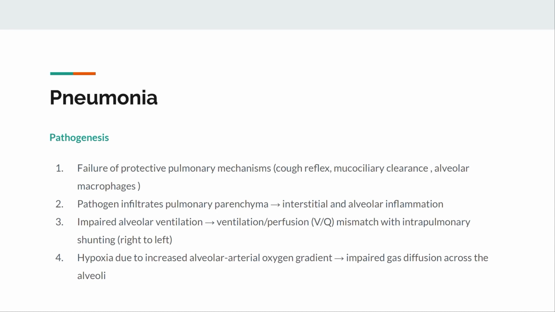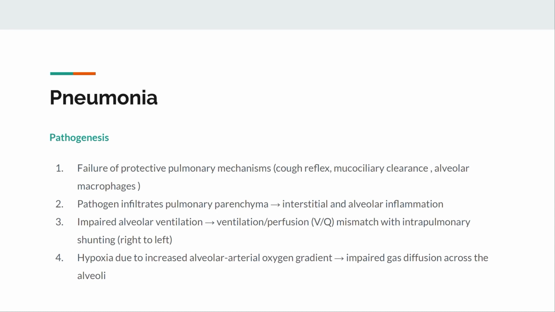And then what's that actually going to do? So that's going to impair the alveolar ventilation, increase that gas perfusion distance, and so you will get a ventilation perfusion mismatch, and then you will get an intrapulmonary shunting, so that right to left shunt.